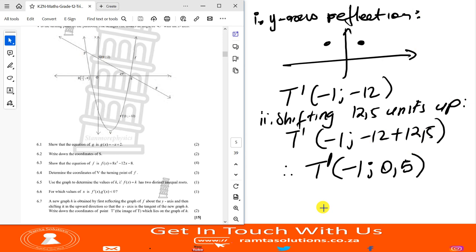T prime is negative 1 and 0.5. Okay. Happy? All right, guys. So this is it. You say 0.5 or you say half, it doesn't matter. So this is obviously a half. Happy? Perfect. All right. So this is how you attempt this question.